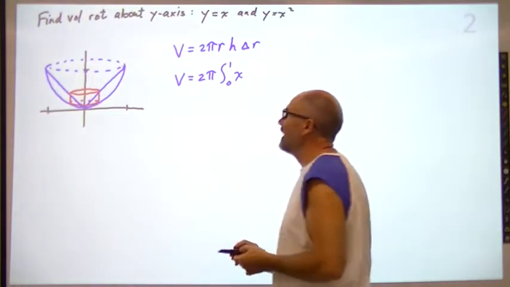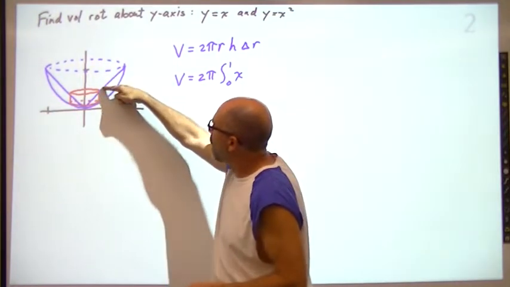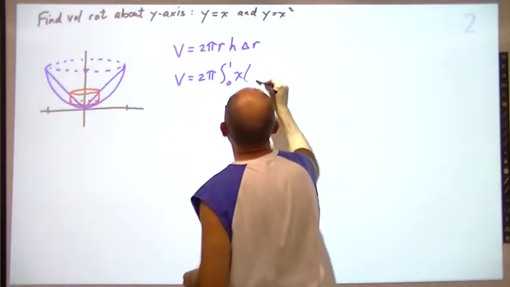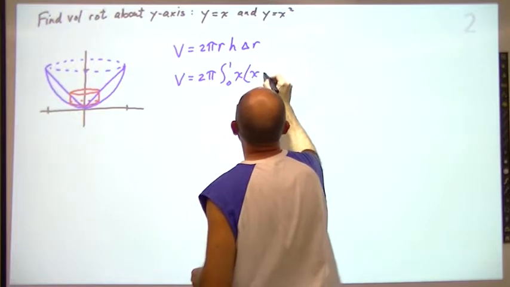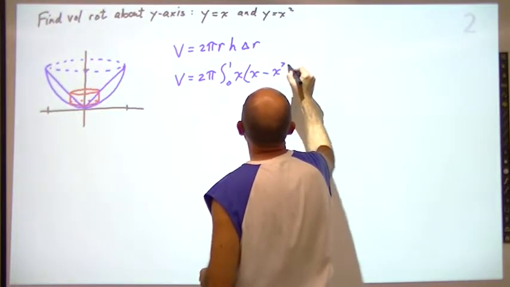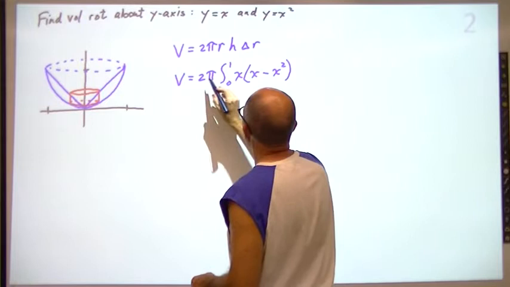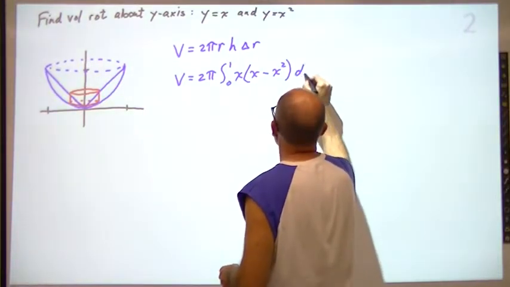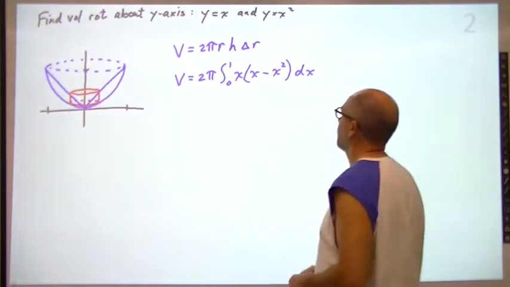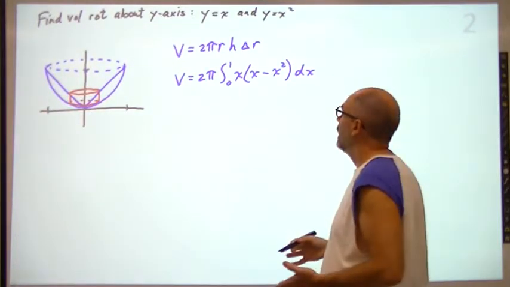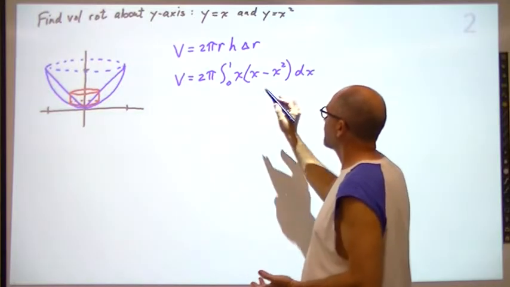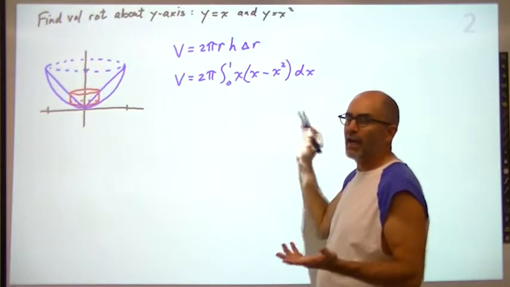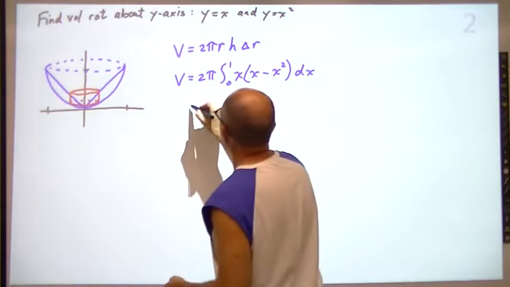Now, in this case, the height is the top minus the bottom. So the top is y equals x, and the bottom is y equals x squared. There it is. And like I told you before, this is really simple once you get it figured out, how to put your integral together. The integration is simple now.